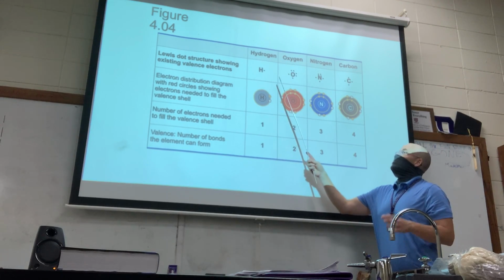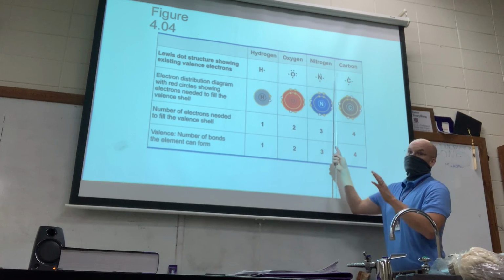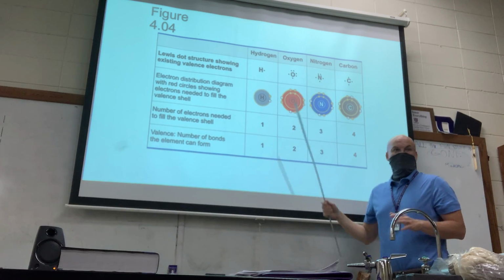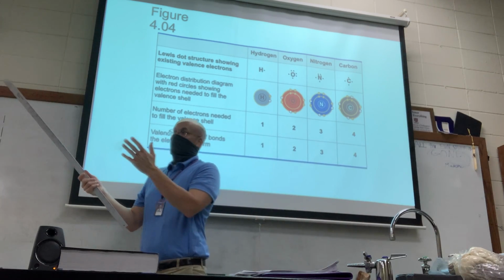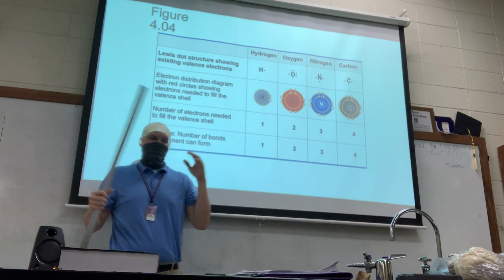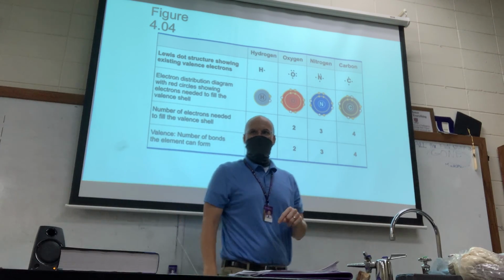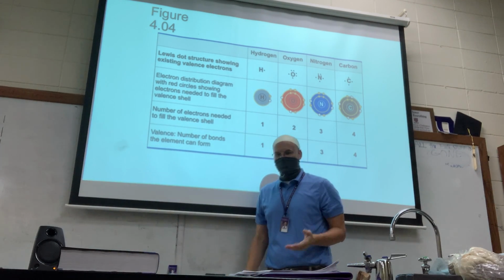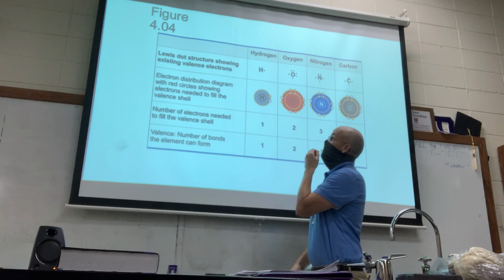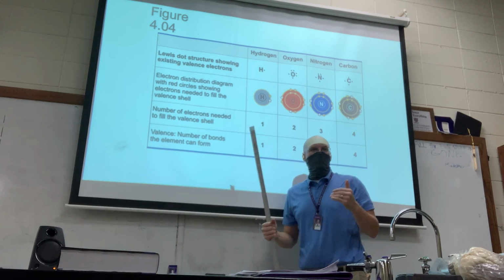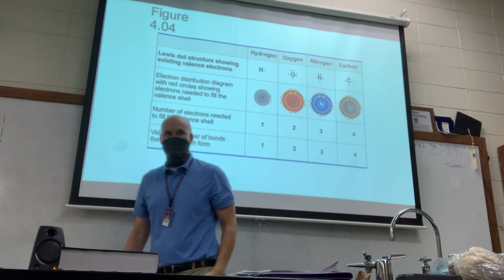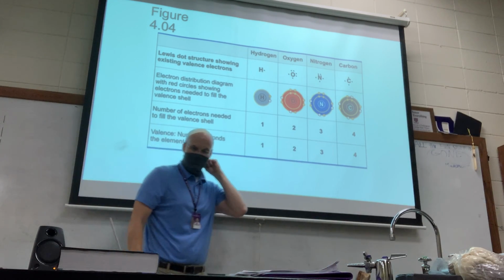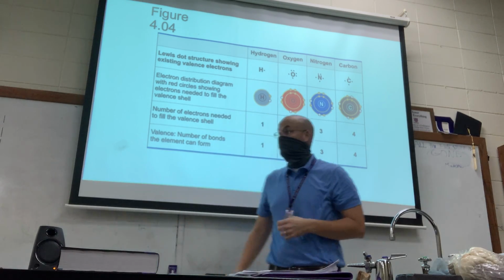Now, I just want to remind you about these valence electrons that these different elements have. If you don't know the trick for looking at a periodic table and just quickly counting up how many valence electrons there are, I can show you that at some point. But for the most part, I'm not going to give you random elements and ask you to tell me things about valence electrons. That's chemistry, this is biology.